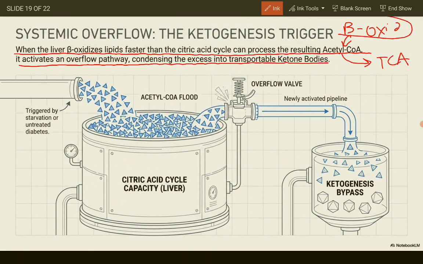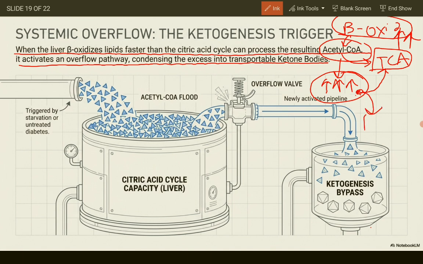But if beta oxidation is happening at a very high rate and acetyl-CoA is produced in very large amounts, not all of it can enter the TCA cycle because that is happening slowly. So this excess acetyl-CoA that remains inside the body is transformed to produce ketone bodies.